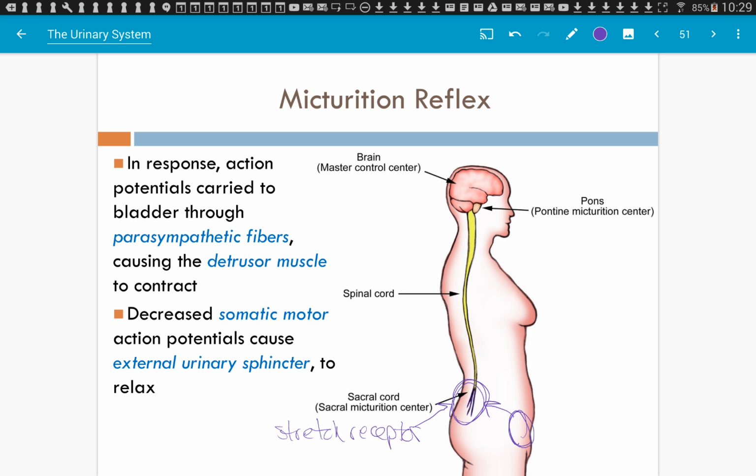So in response to the stretch receptor signal, those action potentials, you have the response where parasympathetic nerve fibers tell the detrusor muscle, which remember is the muscle that lines the bladder, and it is smooth muscle, to contract.